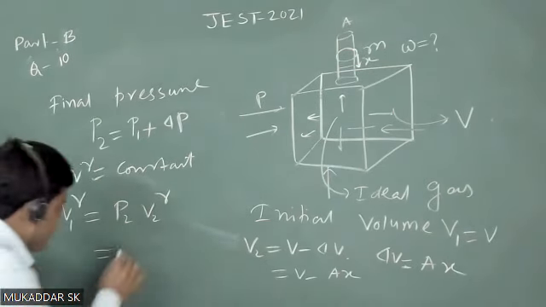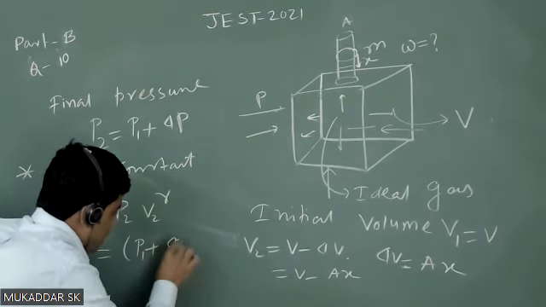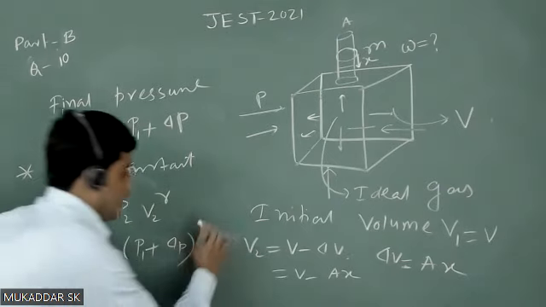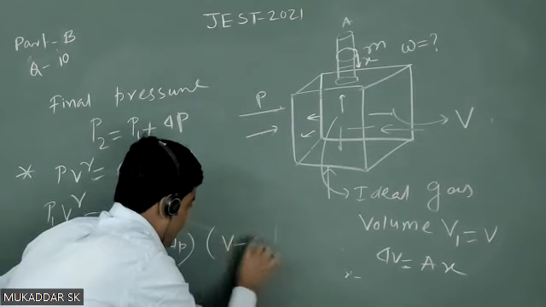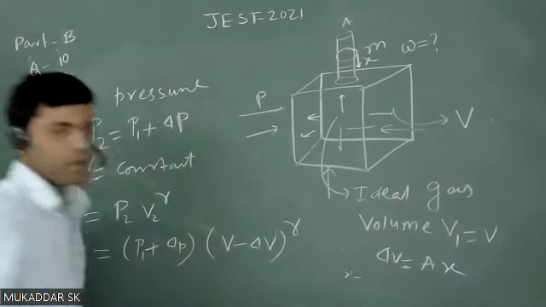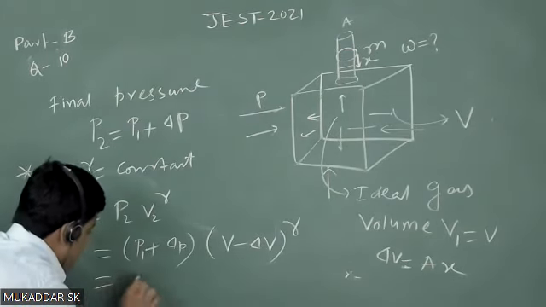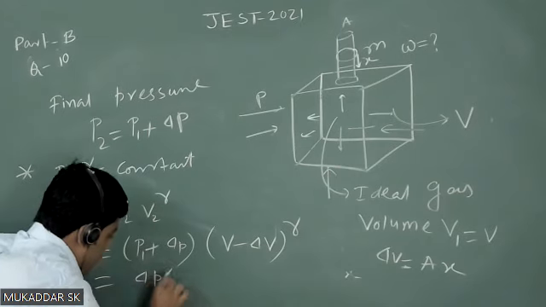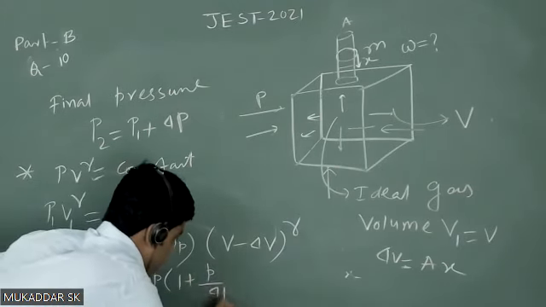And P2 I can represent as P0 plus delta P, and V2 as V minus delta V to the power gamma. Now if I take delta P common here, we'll have delta P times one plus P0 by delta P.